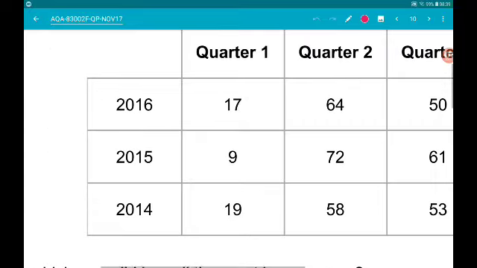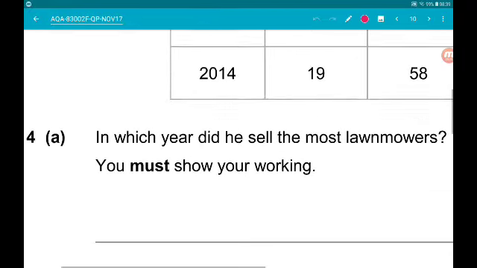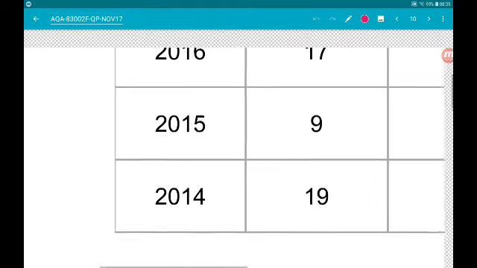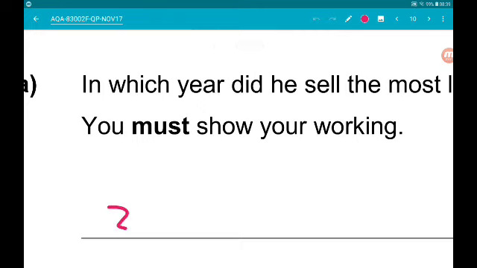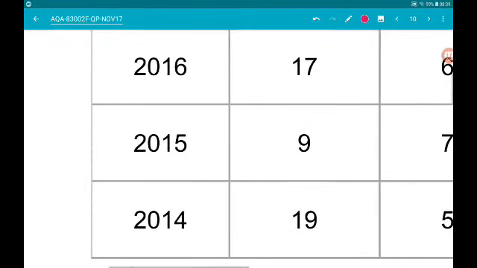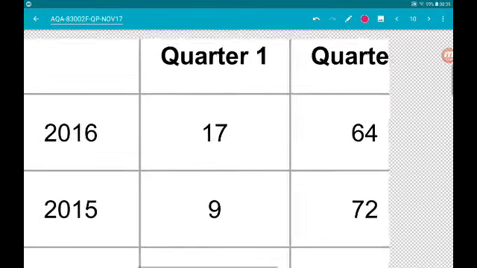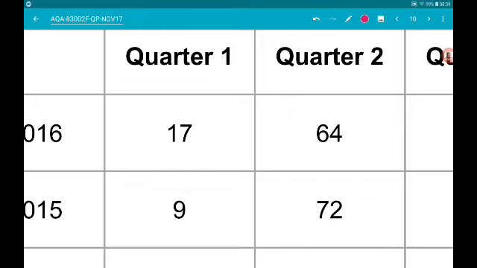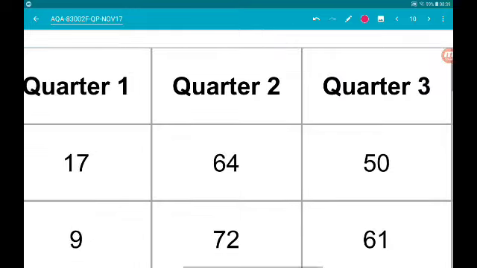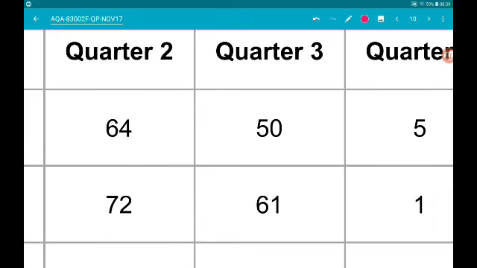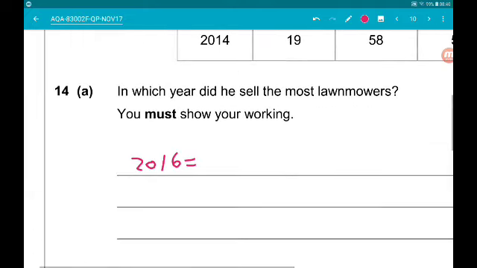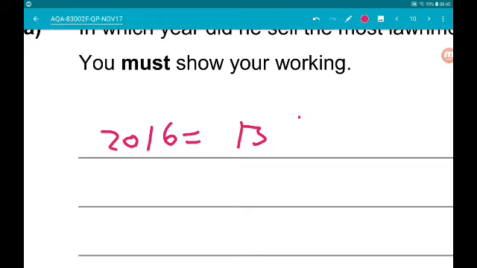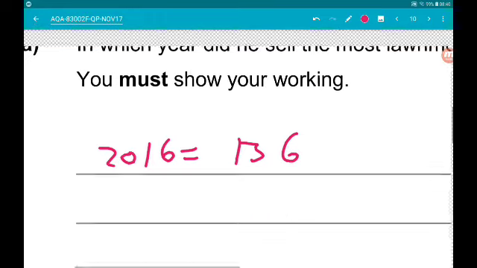Okay, so in 2016, we sold, so again use your calculators, remember, 17 add 64 is 81, 81 add 50 is 131, add 5 is 136. So we sold 136 in 2016.